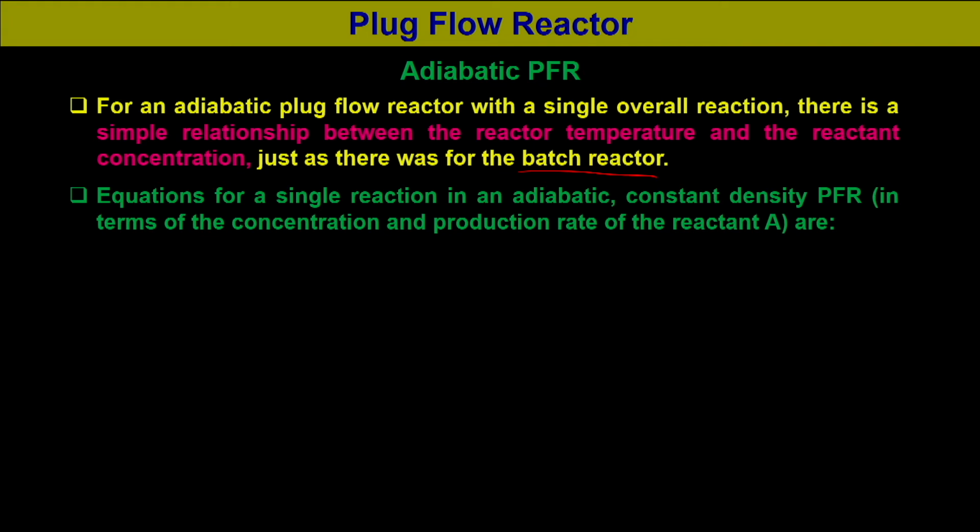Equations for a single reaction in an adiabatic constant density PFR, in terms of the concentration and production rate of the reactant A, we can write dCA/d tau is equal to minus Ra, and the energy balance equation should be reduced to rho Cp by minus delta H dT/d tau, which is equal to Ra.